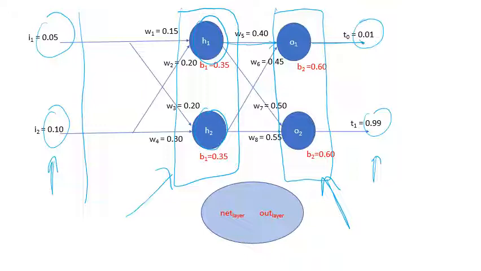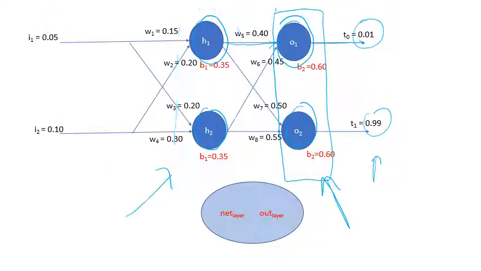In the output layer, this is O1, the first node of the output layer, and this node is O2, the second node of the output layer, right? And from the arrows we can see that everybody is connected with everybody. So this is a very simple architecture of feed forward neural network, right?